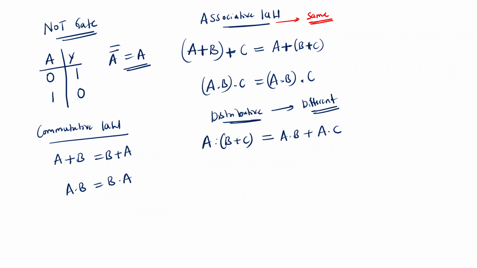So here an AND gate and an OR gate are there, and on the other side there are two AND gates with an OR in between. And if you apply duality, AND will change to OR: A OR (B AND C) equals (A OR B) AND (A OR C).